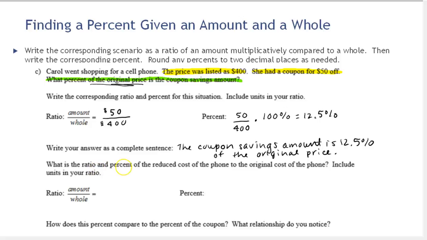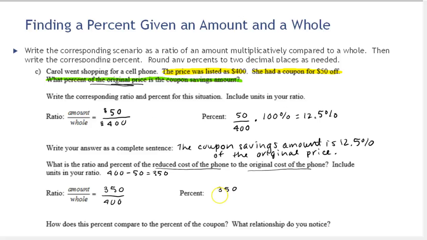What is the ratio and percent of the reduced cost of the phone to the original cost of the phone? Okay, now again we have this to language, reduced cost to the original cost. Okay, so that means this value is our numerator. So the reduced cost of the phone, well, if she saved $50 from 400, the reduced is 400 minus 50, which is $350, over the original cost of the phone, which is 400.